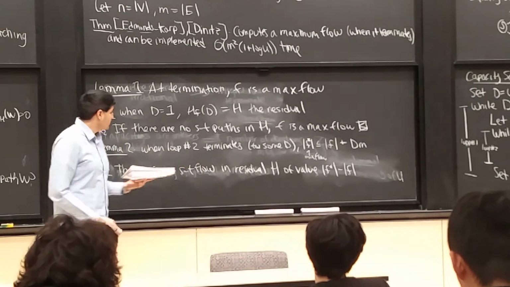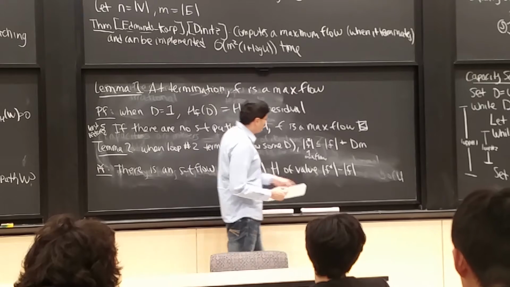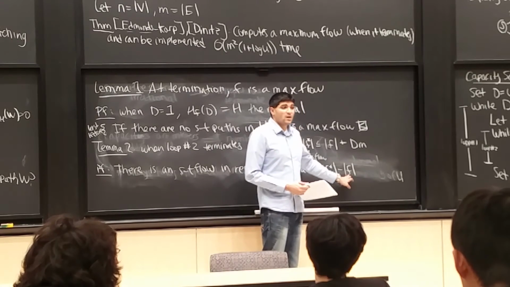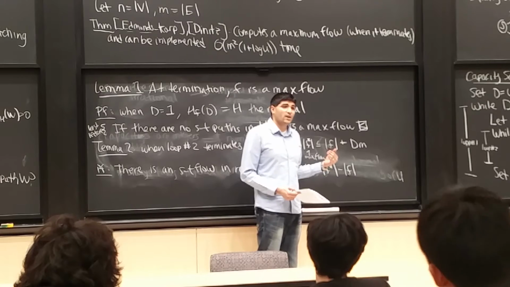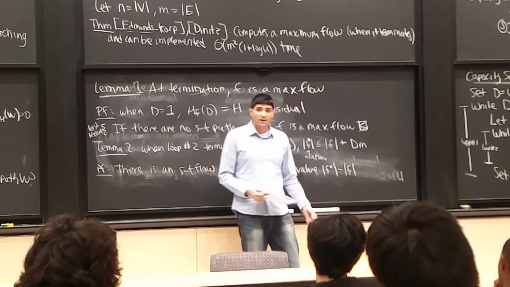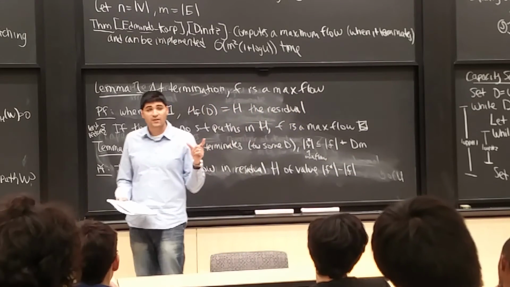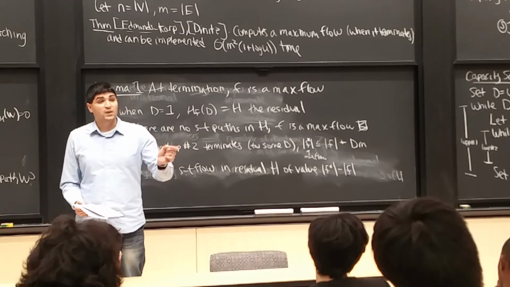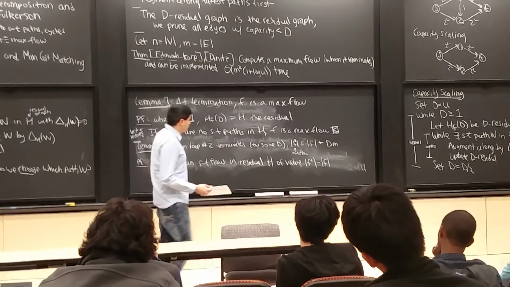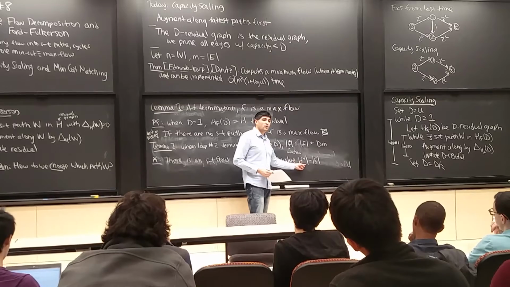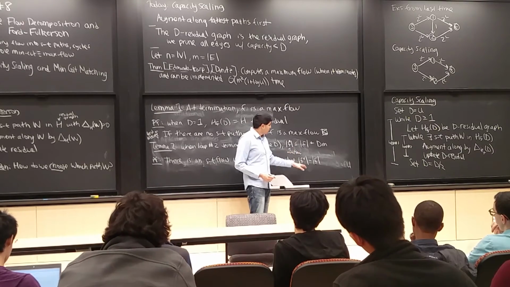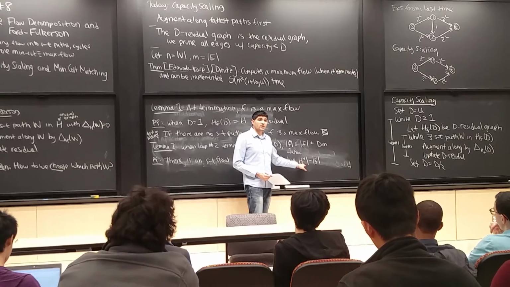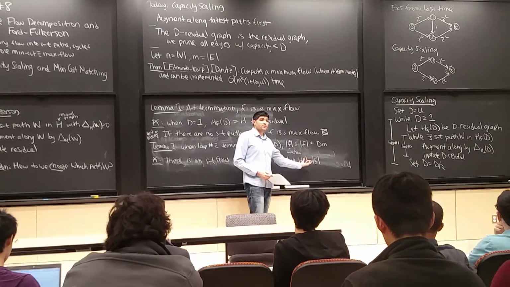Or another way to put it is, my residual is with respect to this flow. So what I can do is undo this flow and send all the flow back that way. That costs me this much value, because that's how much is now entering S, even though we want flow to leave S. And then you're back to the original graph and you could just send f star in the other direction. So that gives you an ST flow in the residual whose value is this.